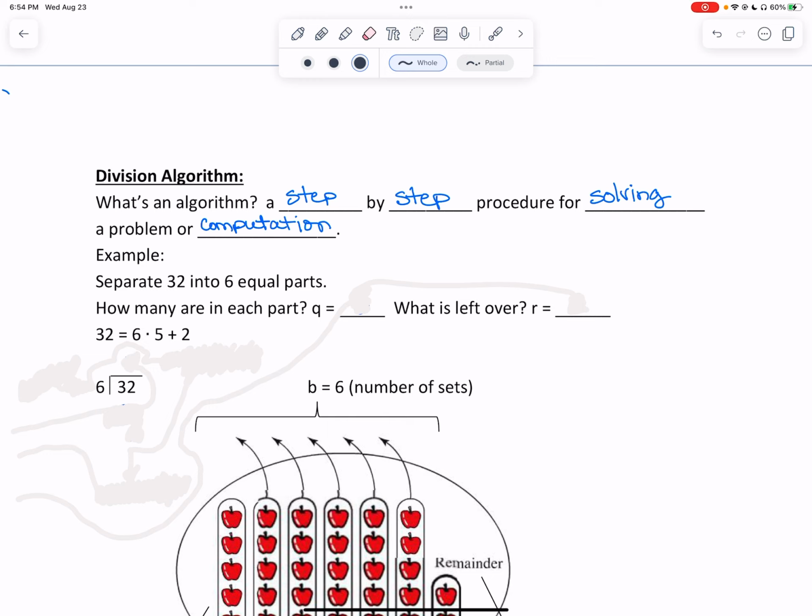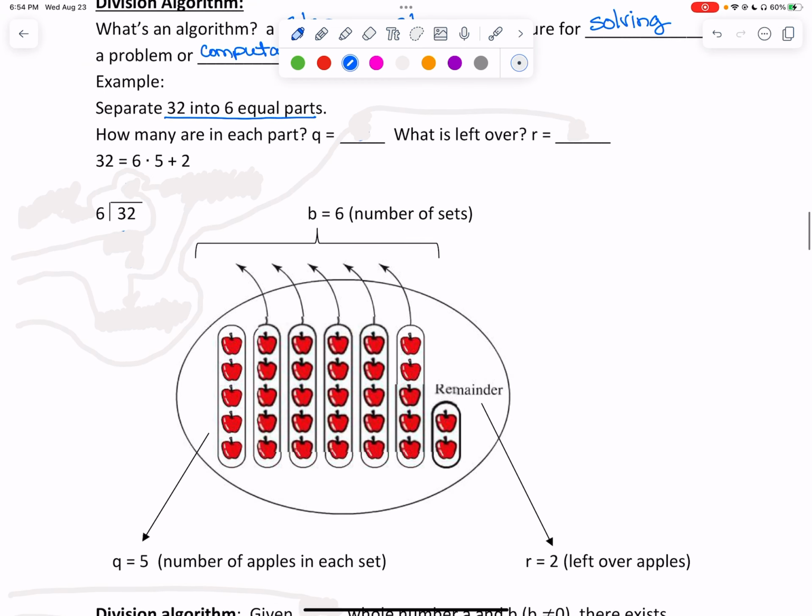So first thing we're going to do is we want to separate 32 into 6 equal parts. So we have these apples, and we're going to separate them into boxes, right? So we got 1, 2, 3, 4, 5, 6 boxes. So we can separate them again, just like we're dealing cards, and put an apple in each box, and then come back and put another apple in each box until we're done.